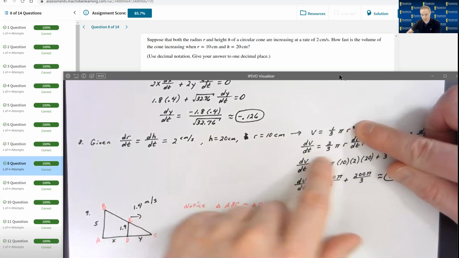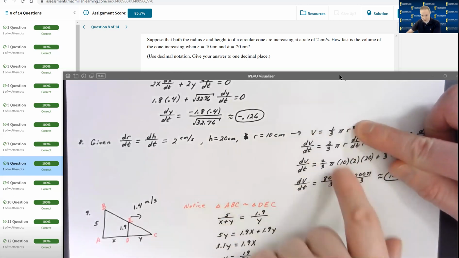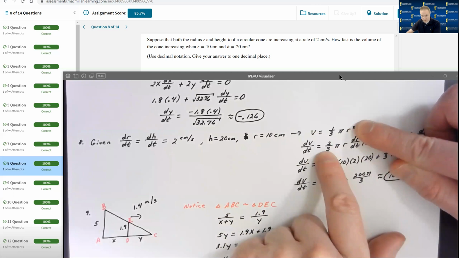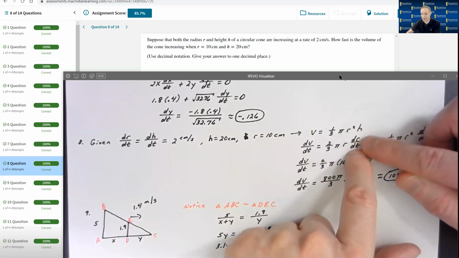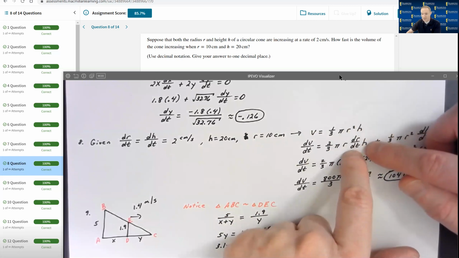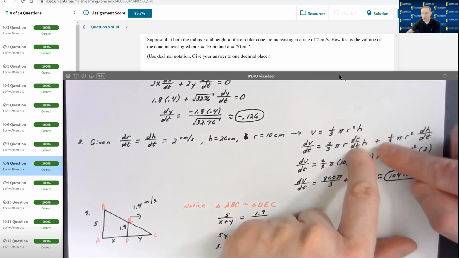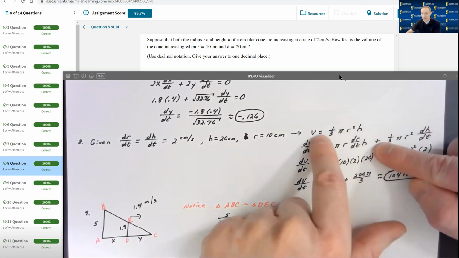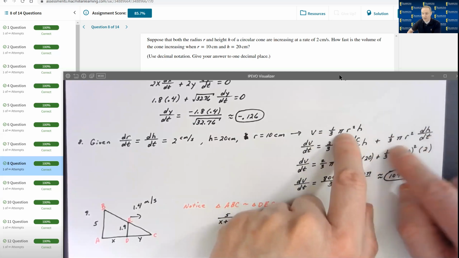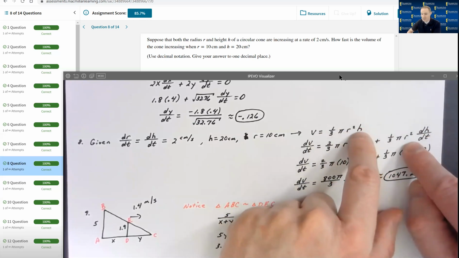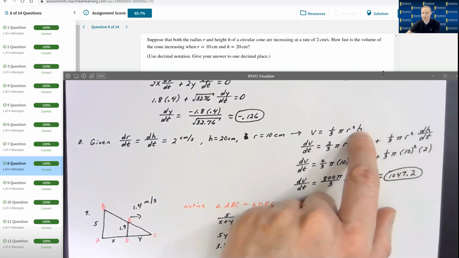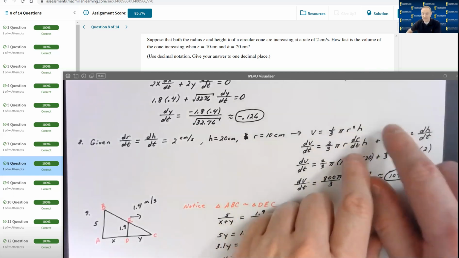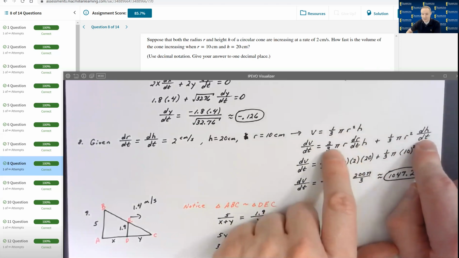So I said, well, the derivative of the first, 2 came down, multiplied the 1/3, I get 2/3 pi r to the first times the derivative of r with respect to time, all times the second, h. And then plus the first, 1/3 pi r squared, times the derivative of the second, which is just your dh dt. Now I can say, okay, the derivative has been taken successfully.